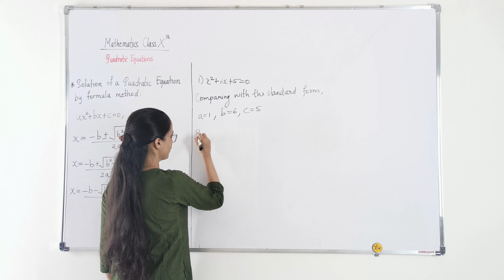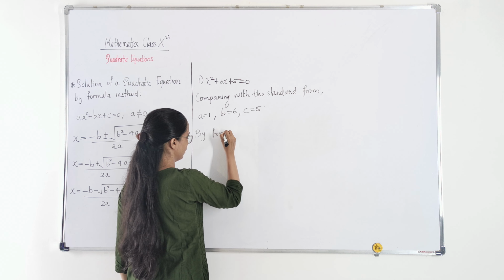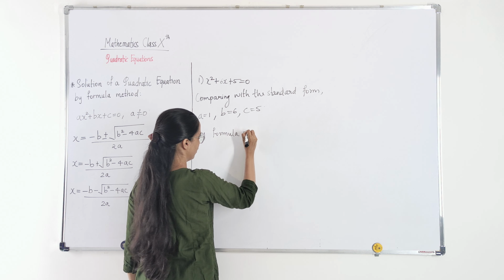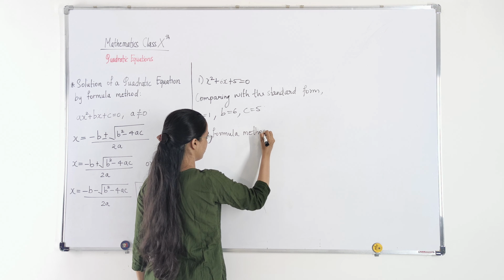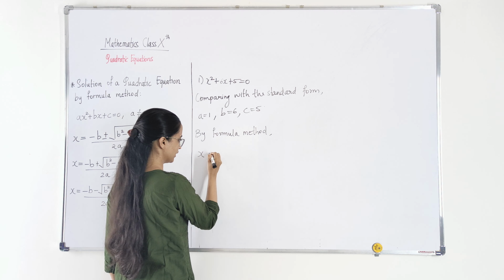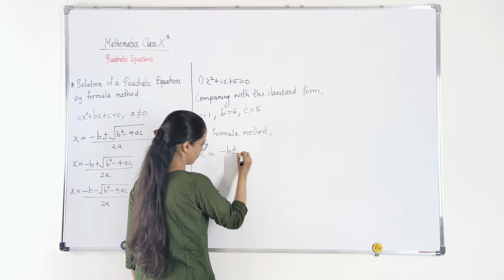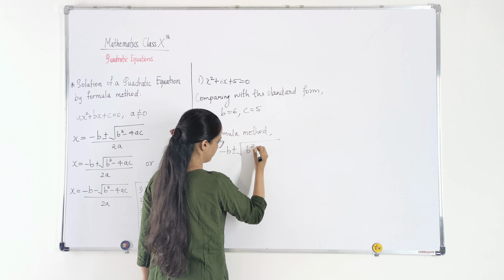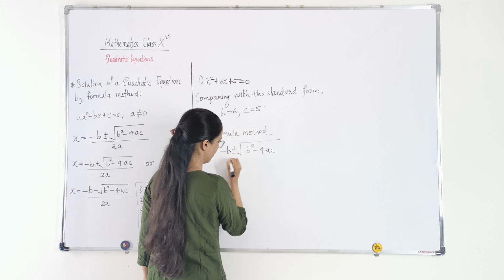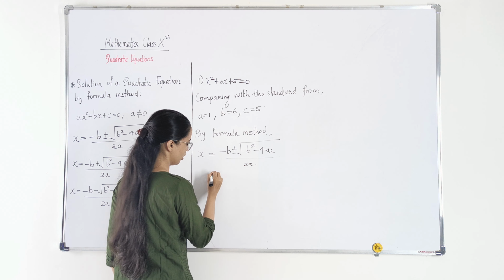So by the formula method, we know that the value of x in this case is minus b plus and minus under root of b square minus 4ac upon 2a.